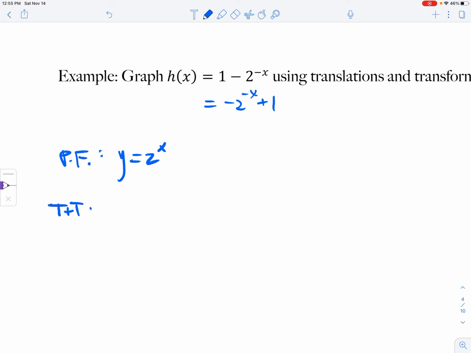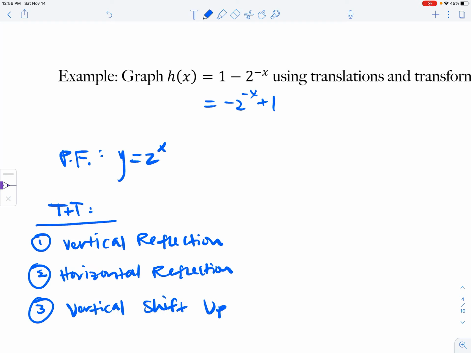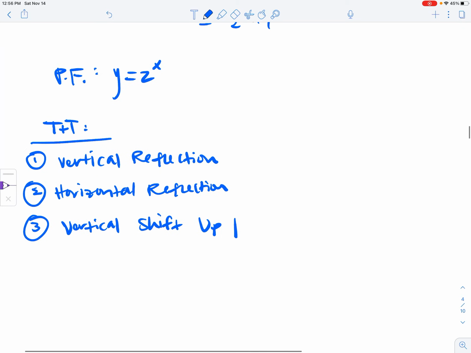Reading the equation for h of x from left to right, when I'm listing the translations and transformations, there's first a vertical reflection, then a horizontal reflection, and then that plus 1 is a vertical shift up 1.